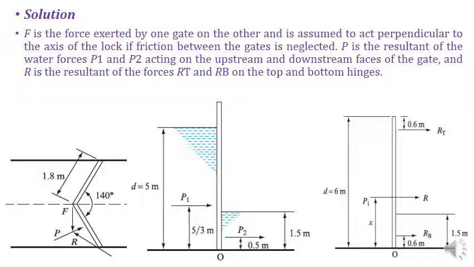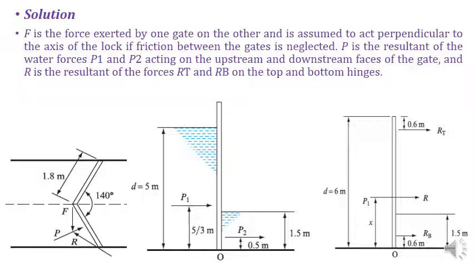Here you can see these two gates are not horizontal or vertical. They are inclined to each other. They are connected with each other inclinedly, and the angle is also given. Now a certain force is exerted by one gate on the other, from this to this and from this to this, in both ways.